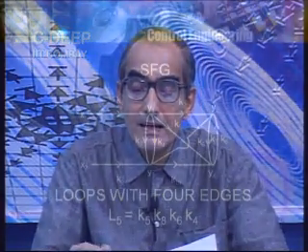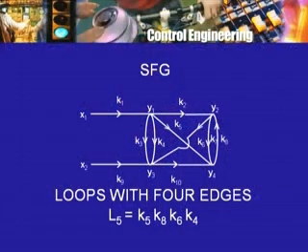What was that once again? It was y1 to y4, so the gain was k5, then y4 to y2, so the gain was k8, then y2 to y3, the gain was k6, and then y3 to y1, the gain is k4. It's not a straightforward rectangular kind of loop, but involves that butterfly kind of figure.